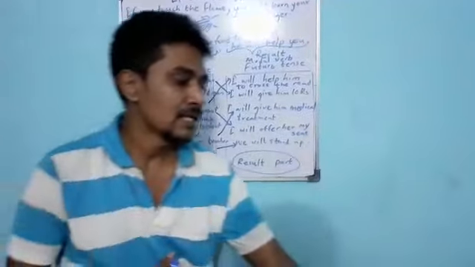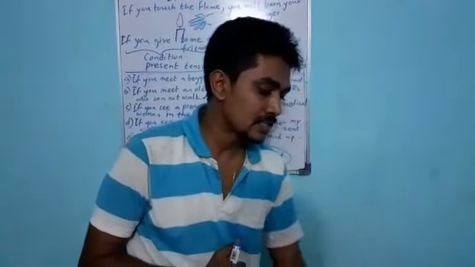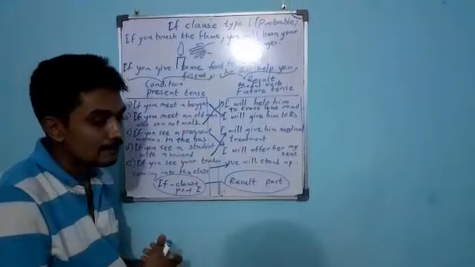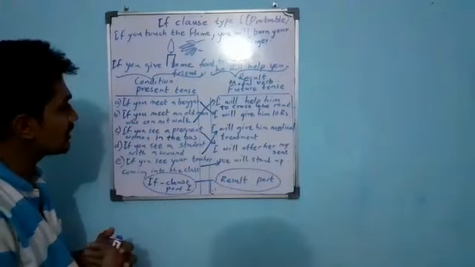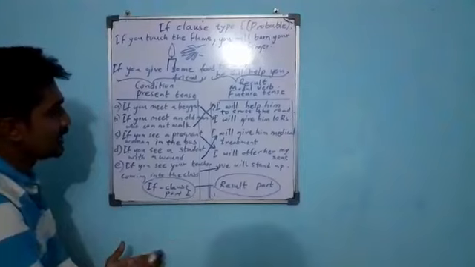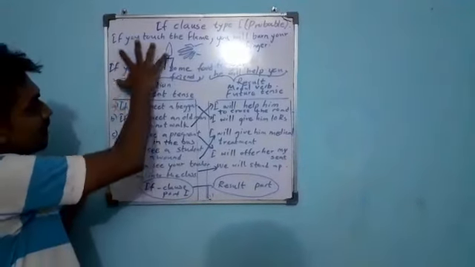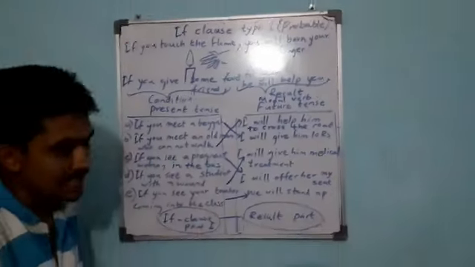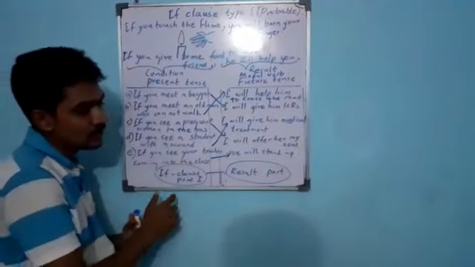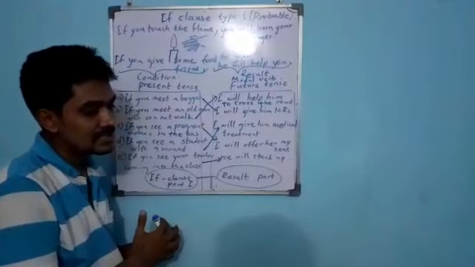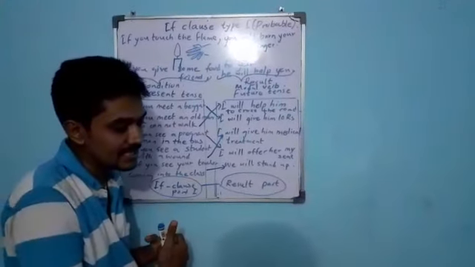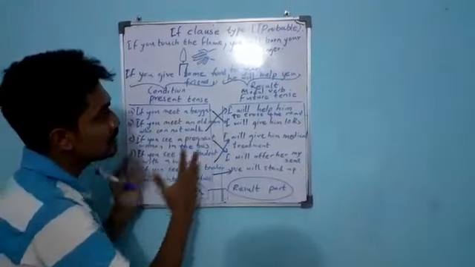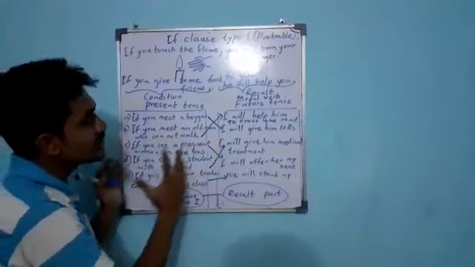So children, you can go through your textbook activity and workbook activity, and try to complete some more activities with regard to if clause type 1. Usually remember, if clause type 1 is in present tense and the result clause is in future tense. I think in the grade 9 textbook there are some more activities on the relevant pages. So you go through the activities and complete them and show them to your teacher to enhance your knowledge of if clauses.